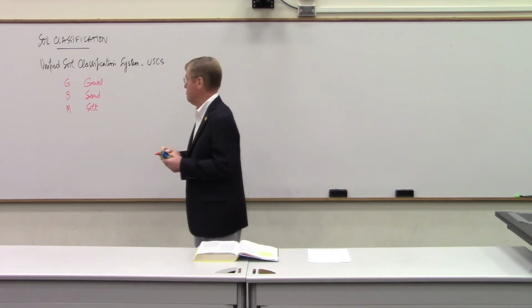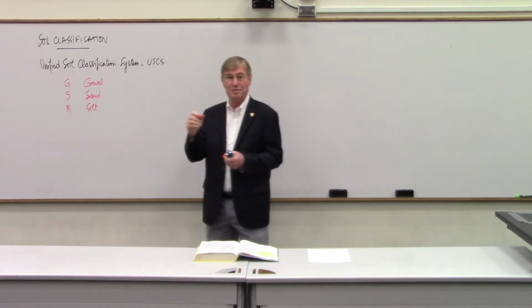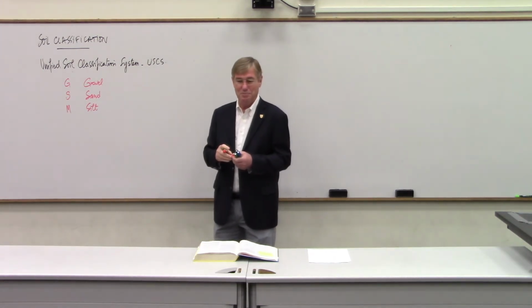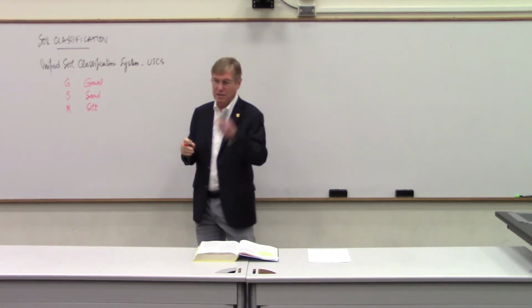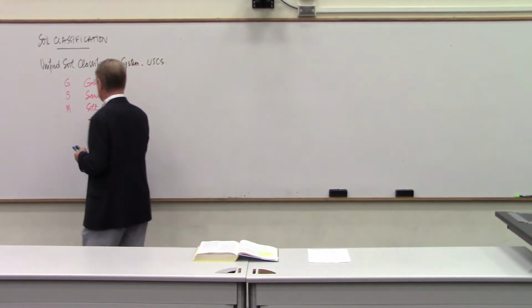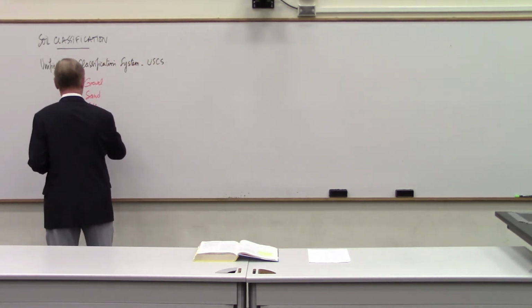All right, so that's where it comes from. And again, I believe the chair of the committee at the time was from Sweden, so he said, well, let's use it. So M for silt and C for clay.